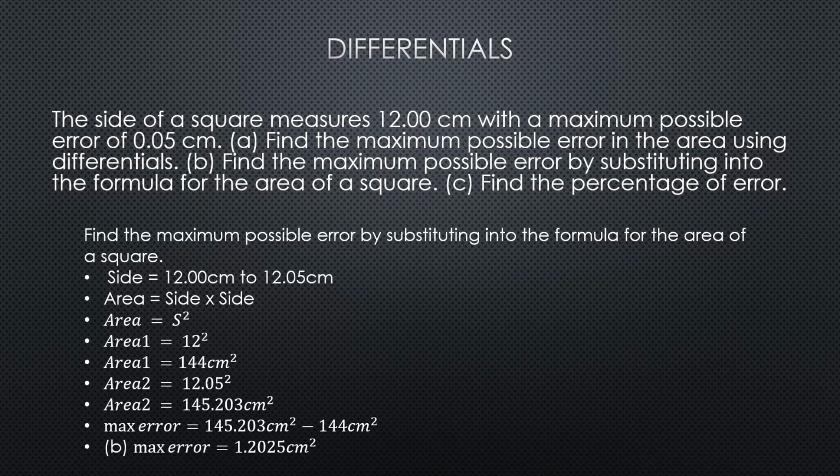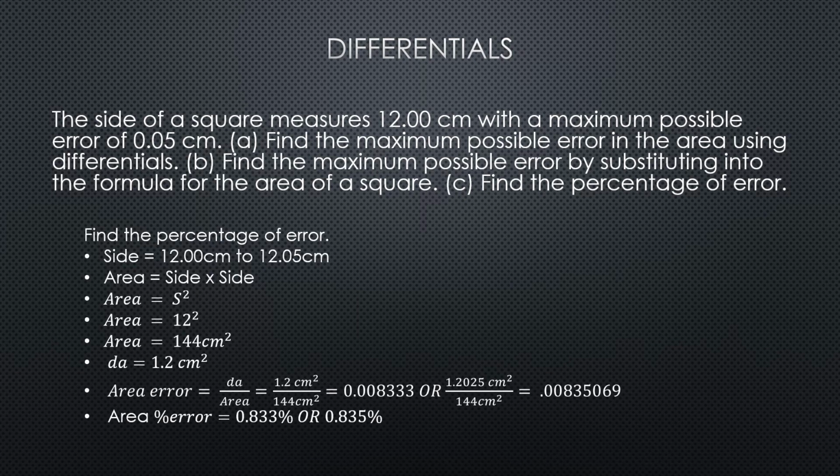So we've got a maximum error of 1.2025 centimeters squared, and that proves that our differential, our calculus way of doing it, gives us essentially the same answer, or very, very close.